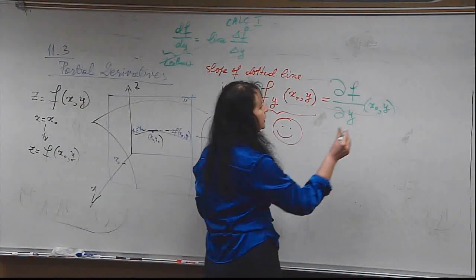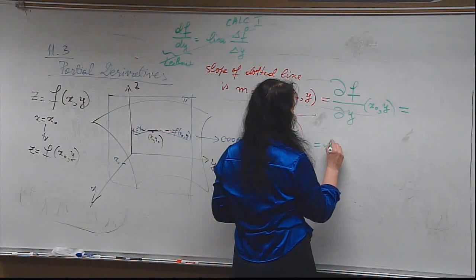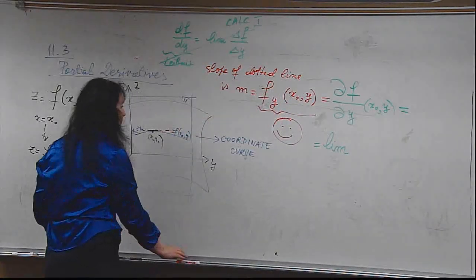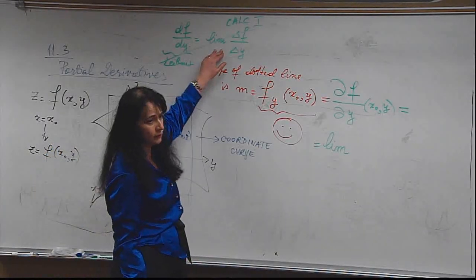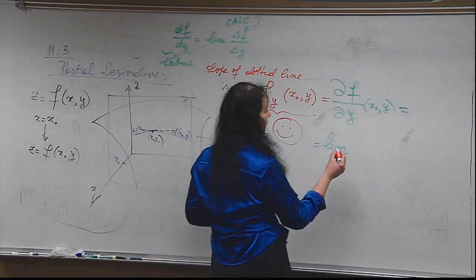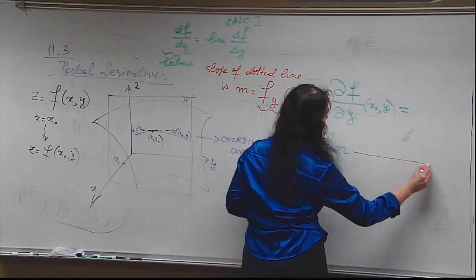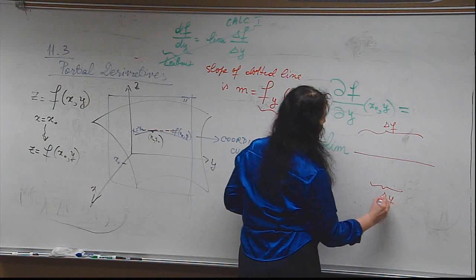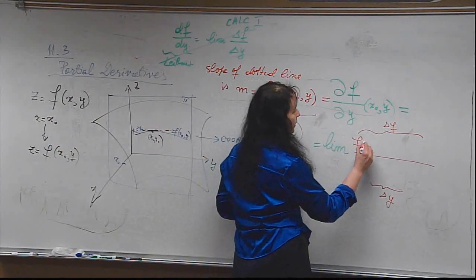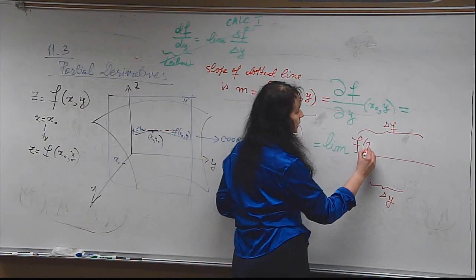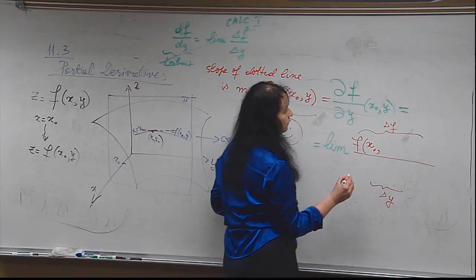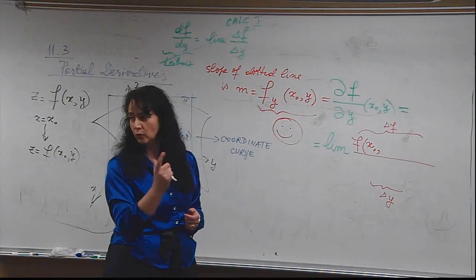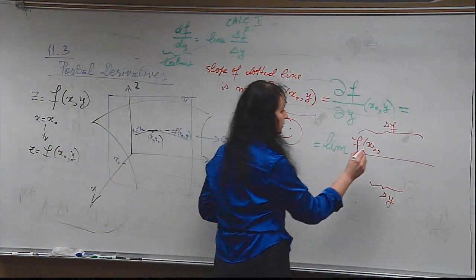And what is the meaning of this by definition? You say, you haven't even defined it, Magdalena. It has to be the limit of a difference quotient, just like here. What is the delta f versus the delta y? It has to be like that. F of x0, x0 is fixed, comma y, we have an increment in y.